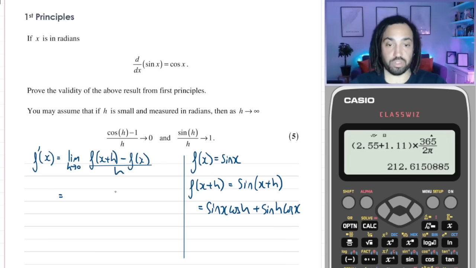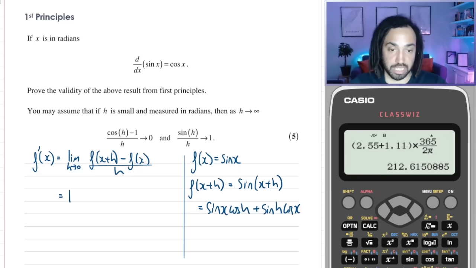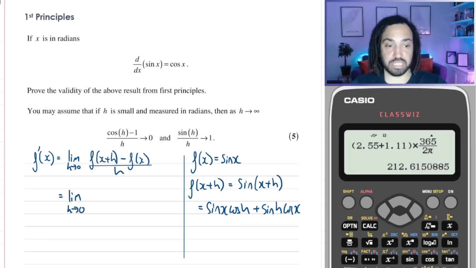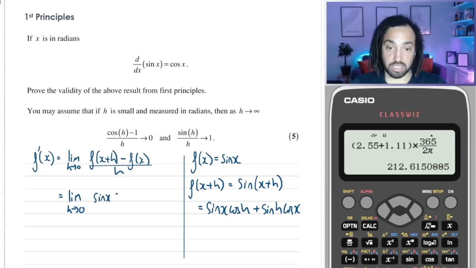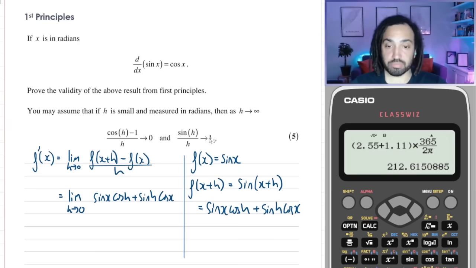Let's now follow the process of actually using first principles. So it's the limit as h tends to 0 of f of x plus h, which is this over here. So that's sine x cos h plus sine h cos x.